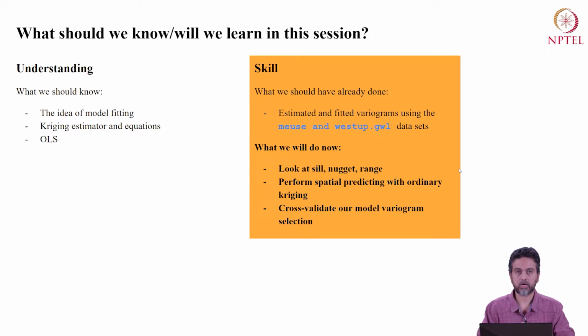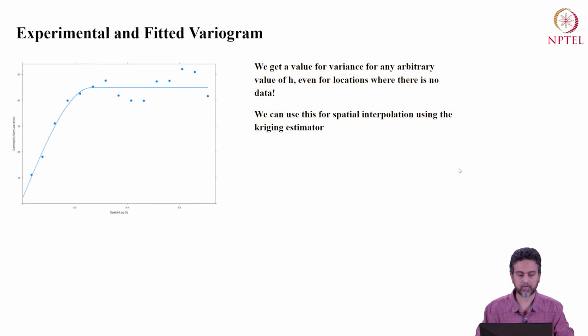That is, we will try to predict the values of groundwater levels at locations where we have no observed data. And then we will cross-validate our model variogram selection, providing an additional way to measure how good the selected model is and how much agreement there is between the predicted and observed values of groundwater levels. If some of that is not clear, please pause the video now and review the material. If that's clear, let's move ahead.